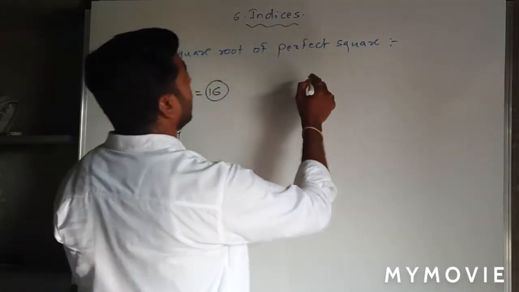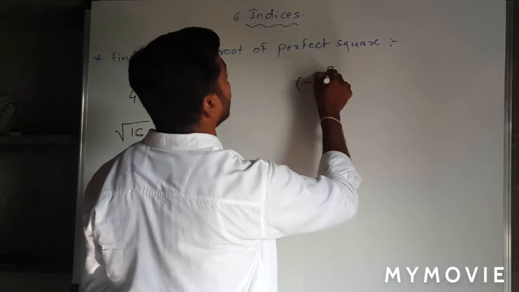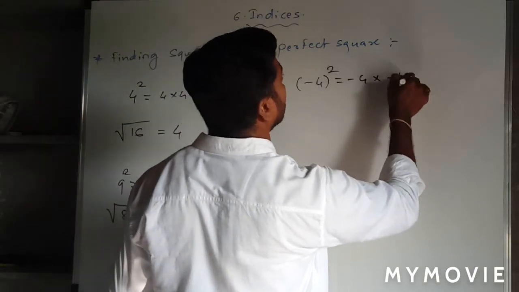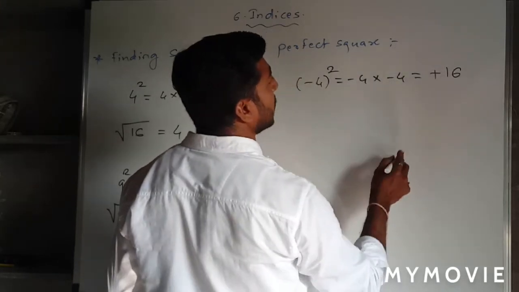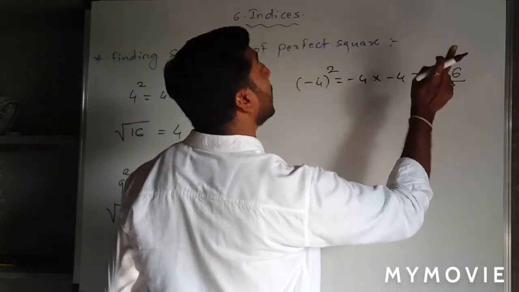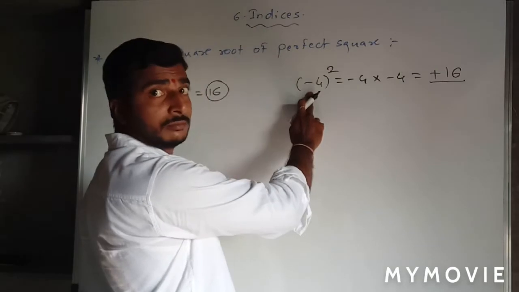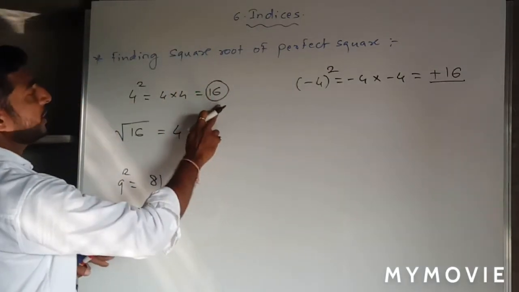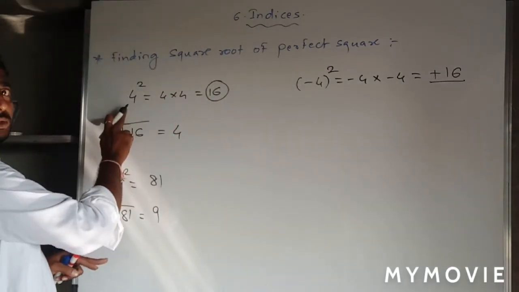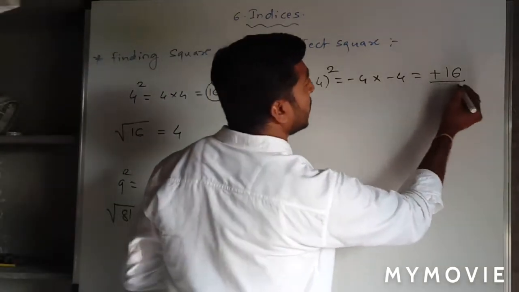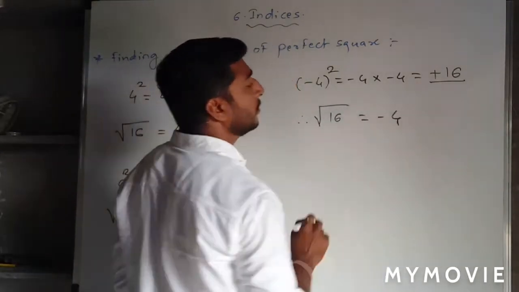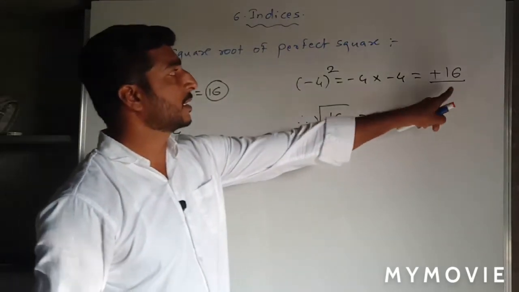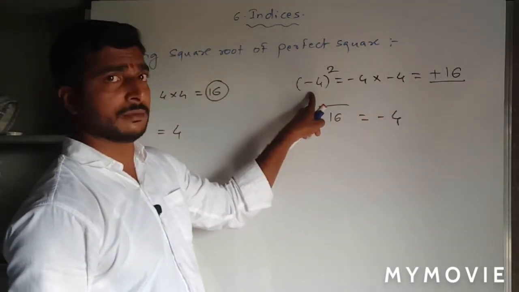Now here, if you take the square of minus 4, that will be minus 4 into minus 4. So here 4 fours are 16 and minus into minus will become plus. So you can see 16 is the perfect square of minus 4 too. 16 is the square of 4 too. Therefore we can say square root of 16 is equal to minus 4, because 16 is the square of minus 4.